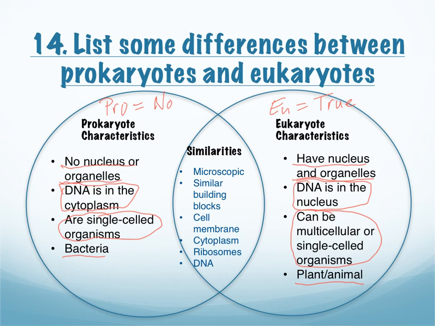The similarities between prokaryotes and eukaryotes is they're both microscopic. They have similar building blocks, meaning the molecules that make them up. In all cells, both prokaryote and eukaryote, have these four things that are necessary. They have a cell membrane, they have cytoplasm, they have ribosomes, and DNA. So these would be the similarities between prokaryotes and eukaryotes.